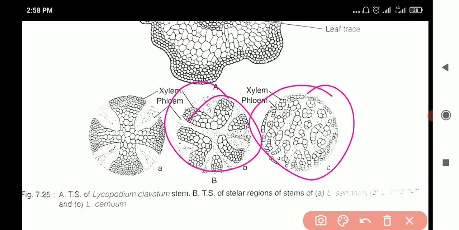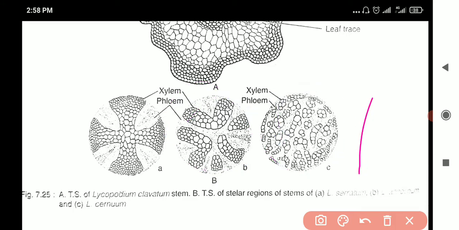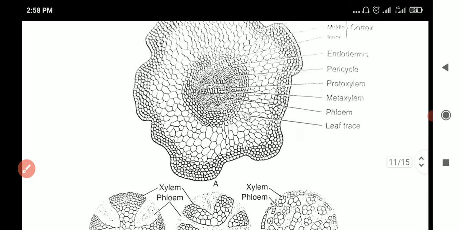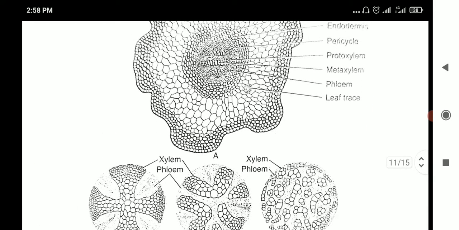So it's showing different arrangements of the stele. The one we did is the plectostele. Then this star one is, what is it, girls? Does anyone remember? Actinostele. This one I think I have forgotten. This could be actinostele, I'm not sure. I've forgotten. We'll see in the text.